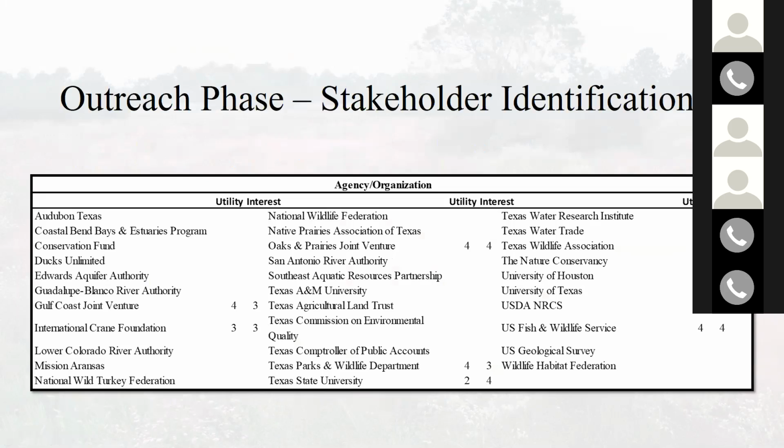So our utility for it would be lower, because to the extent that we would use it, it would be more for informing future projects like this, or has more of a research perspective than actually delivering conservation with it.